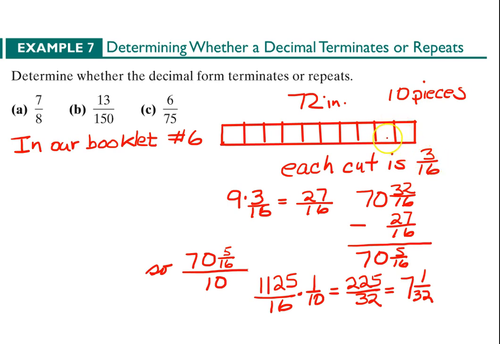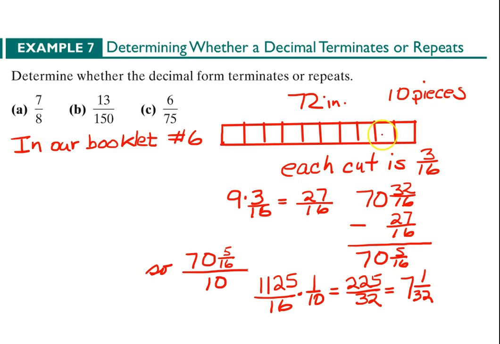So I have to multiply the number of cuts, which is 9, times 3/16, and I get 27/16. Now I'm going to subtract this from a length of 72. Well, I borrowed 2 whole inches to show it as 32/16. When I do the subtraction of 27/16 from 32/16, I get 5/16. So this is what I have left.